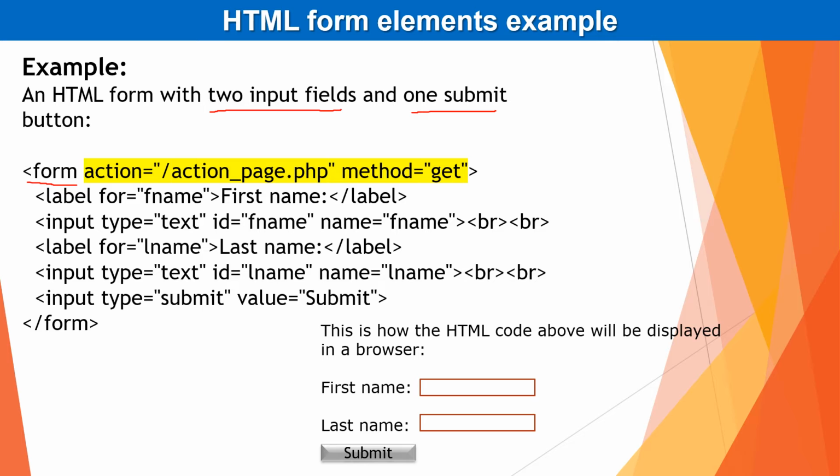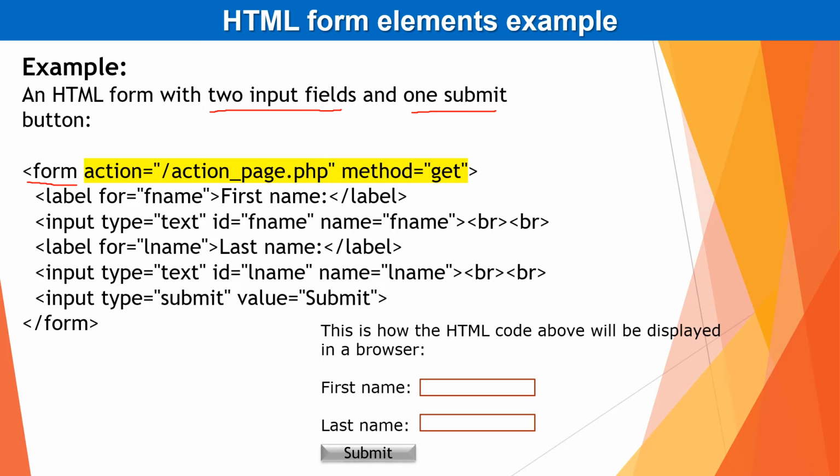In the form tag, the highlighted section is given as the attributes of the form. What are those attributes? The first attribute mentioned here is action. Action is equal to /action_page.php. This file is to be run.